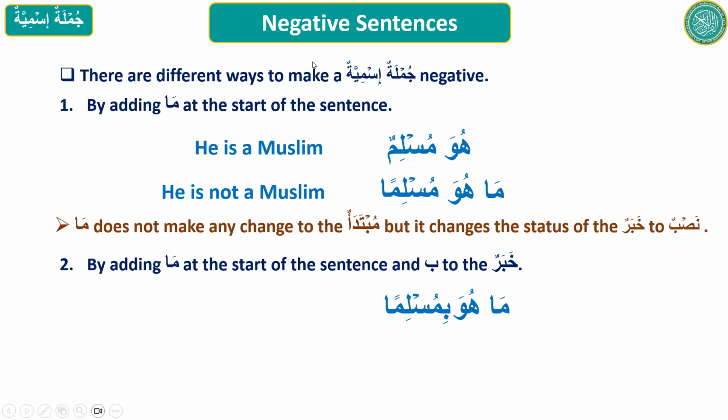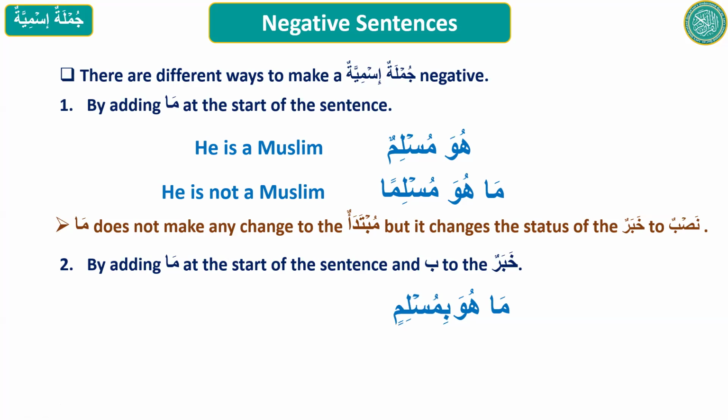Does anybody know what the problem is? We need to make another change. Abdullah? Yes, sir. Shuaib or Abdurrahman? What is the problem? Assalamu alaikum. Wa alaikum salam. The problem is ba is a jar, so musliman should be in jar status. It's jar majrur. So what should it be then? Bi muslimin.